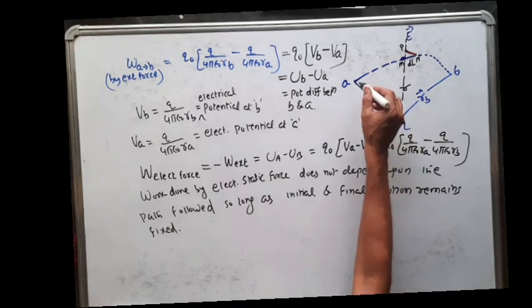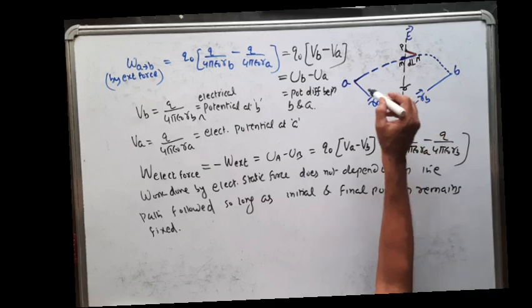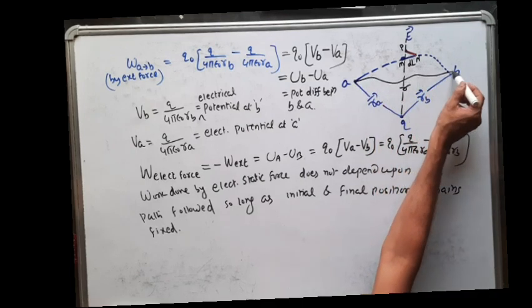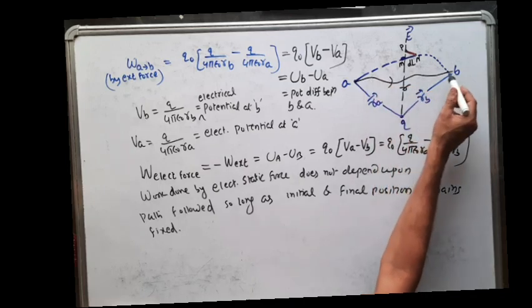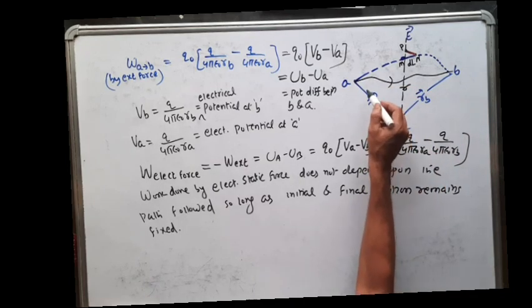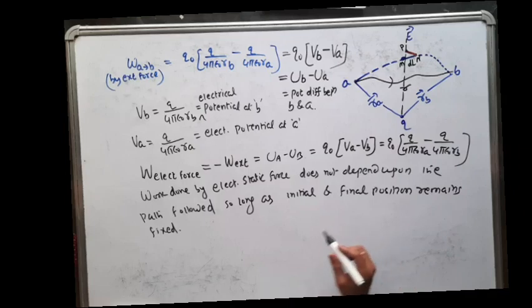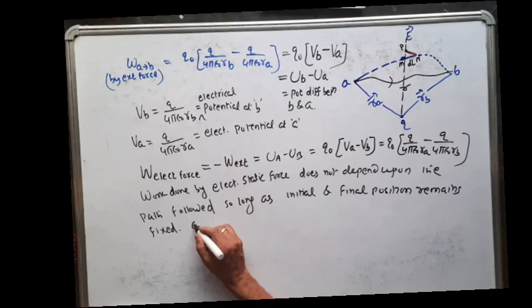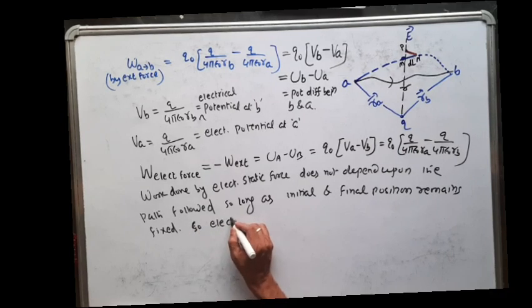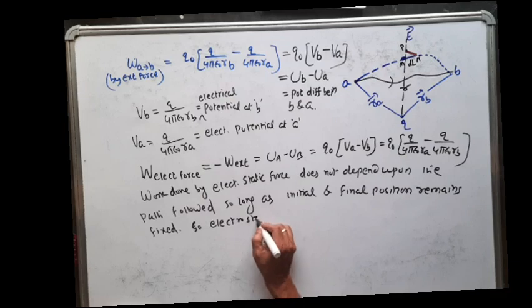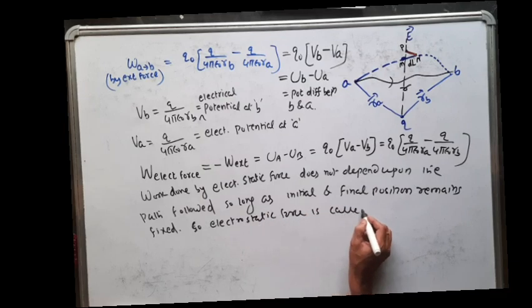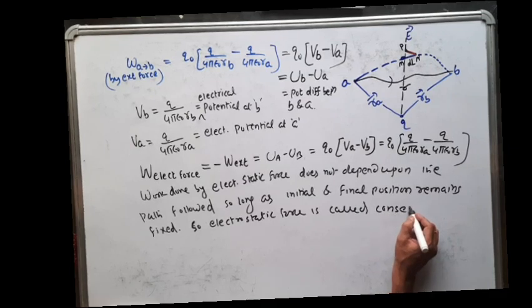So you see, suppose I take the positive charge from A to B, like in this path. So here also work done will be the same. That means work done depends upon initial position and final position. So that is why the electrostatic force is called conservative force.